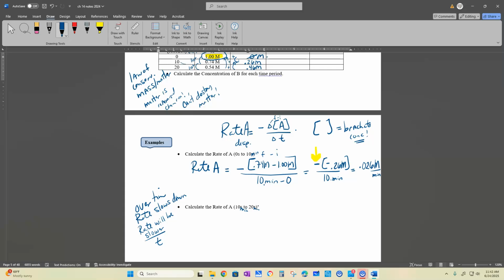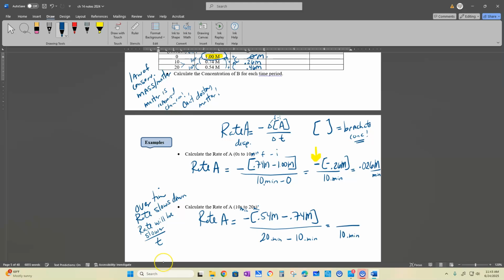So now let's look at from 10 to 20, same thing, the 74 and the 54. So my rate of A, this time I went to 54 final minus the initial. If I said from 20 to 0, then I would have picked that 1 molarity, but I said from 10 to 20. Okay, over 20 minutes minus 10 minutes. Okay, well, the denominator is still 10.